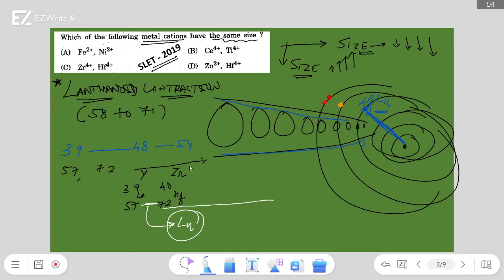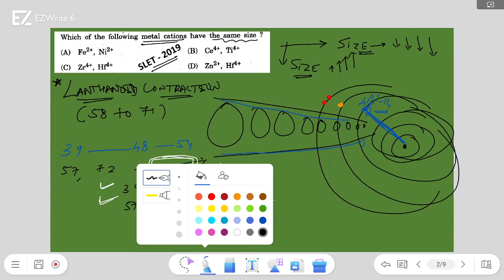And therefore, friends, always remember, although these two are in different periods and their atomic size should definitely be different, because of this lanthanoid contraction occurring between element number 57 and 72, zirconium and hafnium are found to be of a similar size. Similarly, niobium 41 and molybdenum 42 are also found to have similar size to element number 73 and element number 74, respectively, tantalum and tungsten.